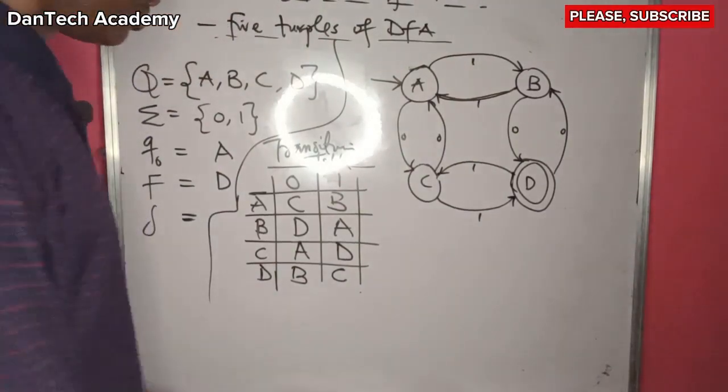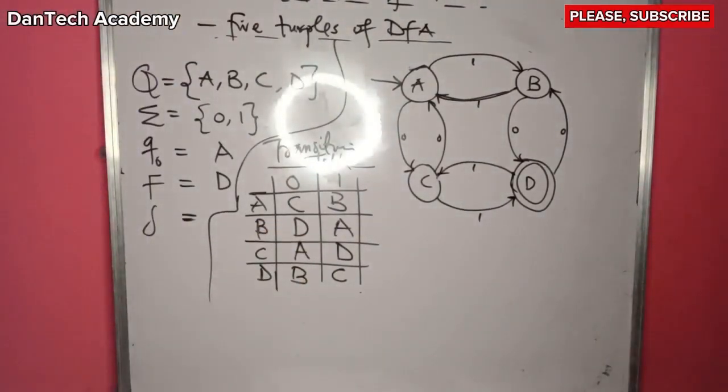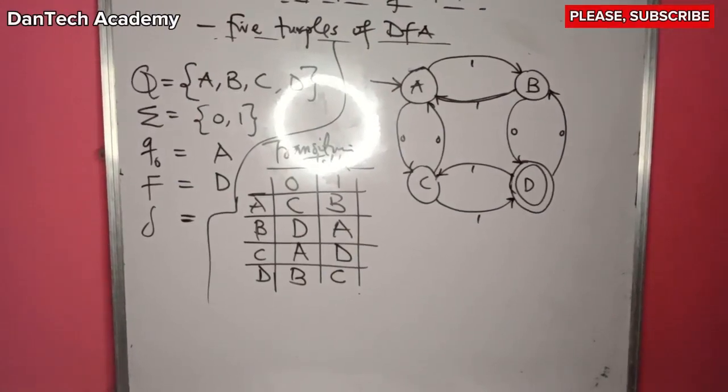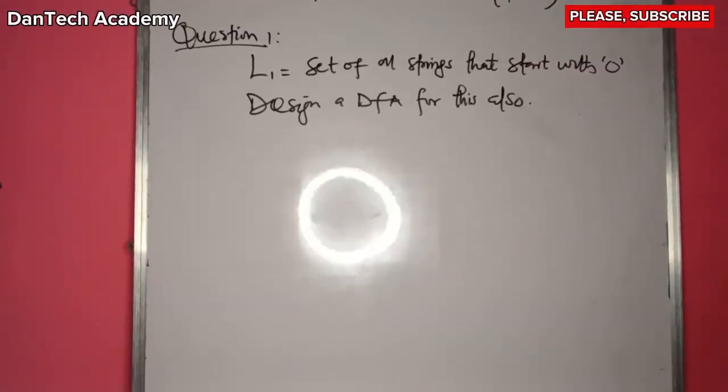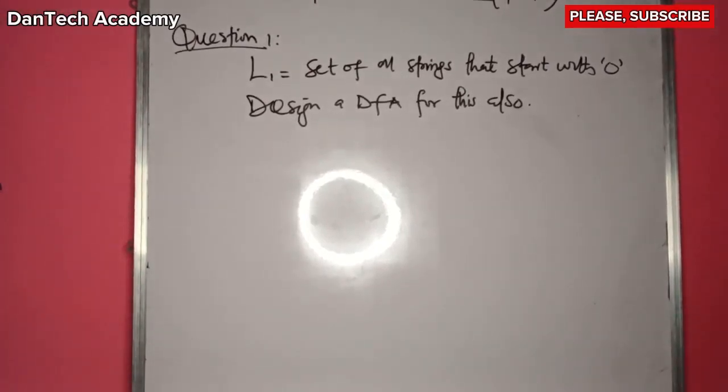The question says: set of all strings that begins with 0, design a DFA for this. Now, you see the reason why we need to have an understanding of computation.